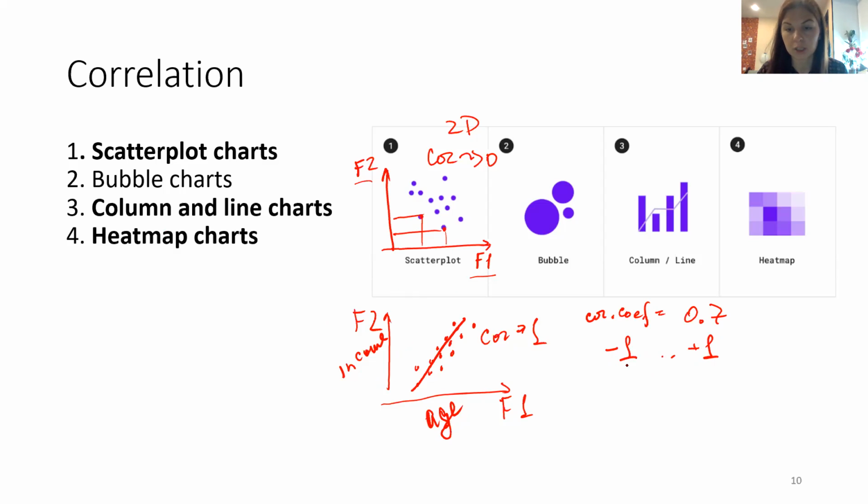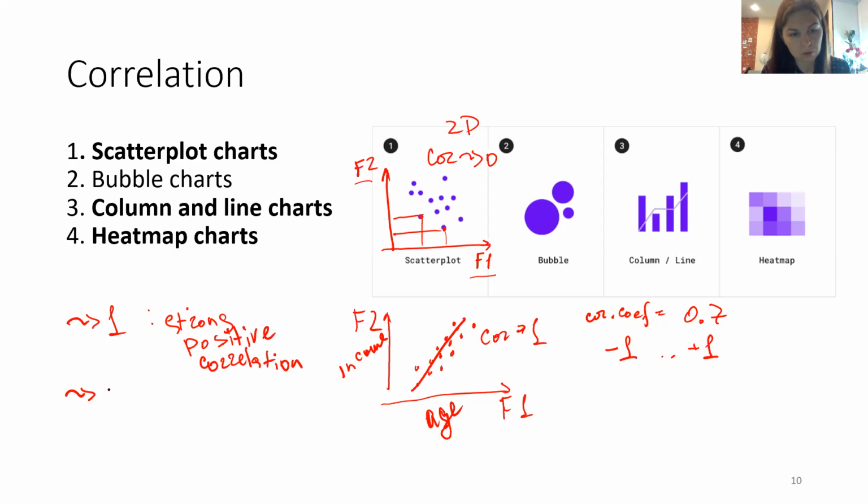If we have a correlation coefficient close to 0, it means that we have weak correlation between features. So when it's close to 1, it means that we have strong positive correlation.